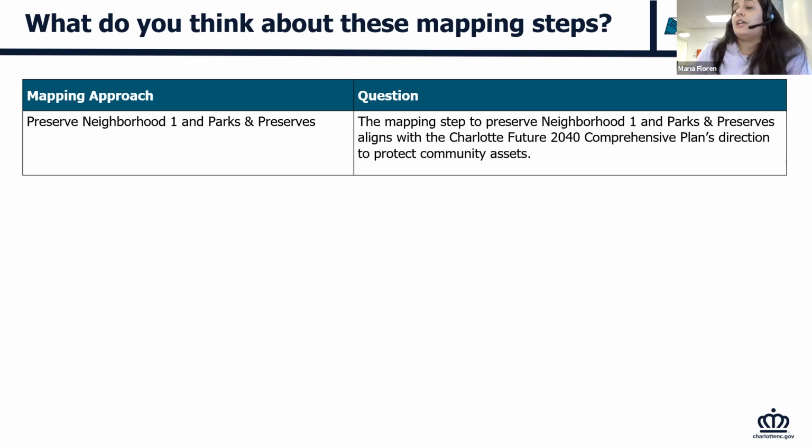I know this is a lot of information, but bear with us. The mapping step to preserve neighborhood 1 and parks and preserves aligns with the Charlotte Future 2040 Comprehensive Plan's direction to protect community assets. You can let us know if you agree with the decision to preserve neighborhood 1 and parks and preserves.